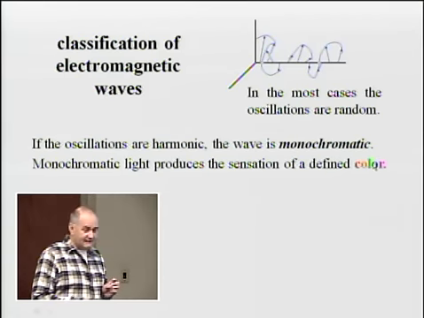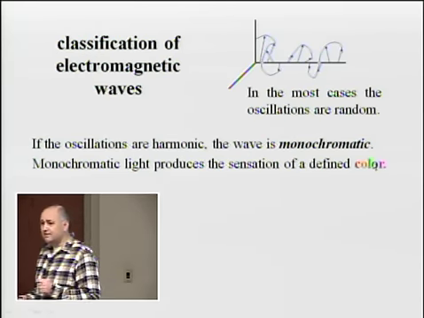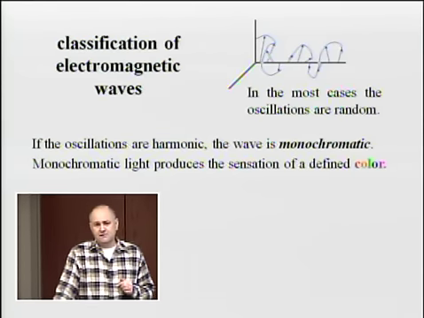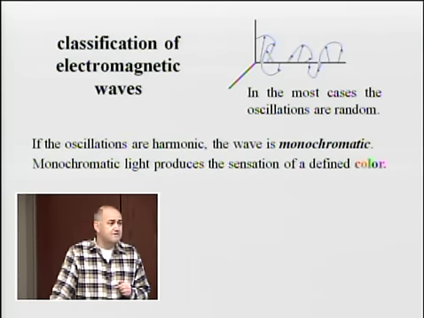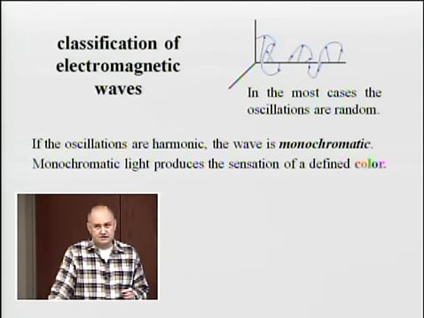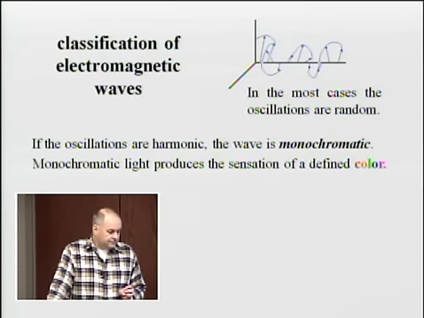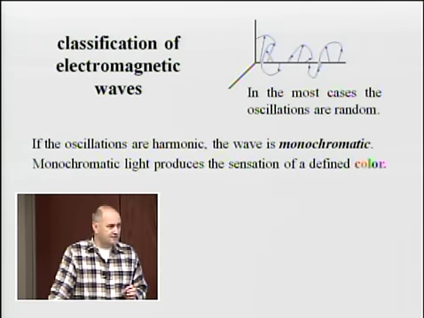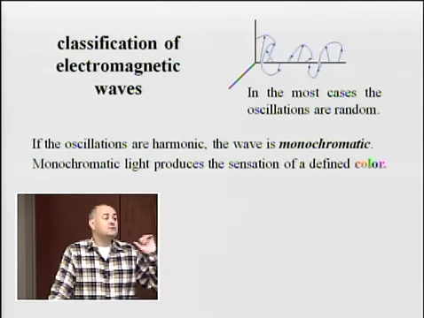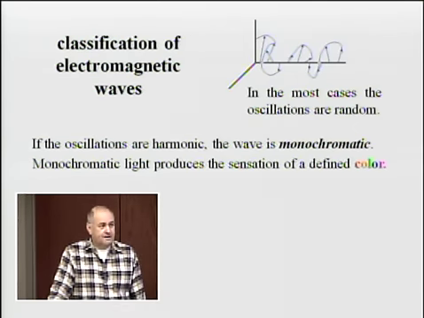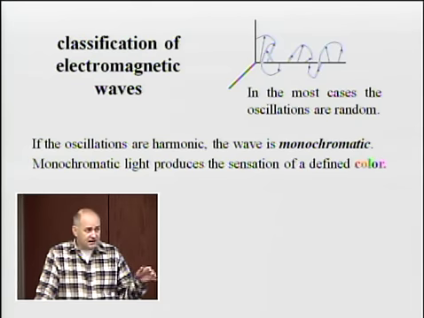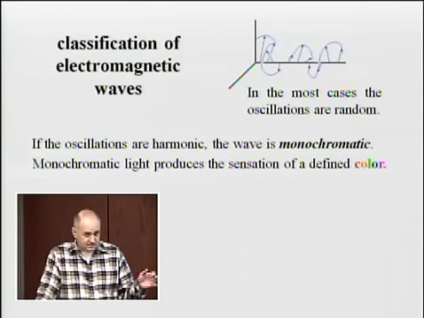Now, color, however, is an attribute which we can assign to every light, even if it is not monochromatic. But do not confuse wavelength with color. Actually, you can see colors even without light.